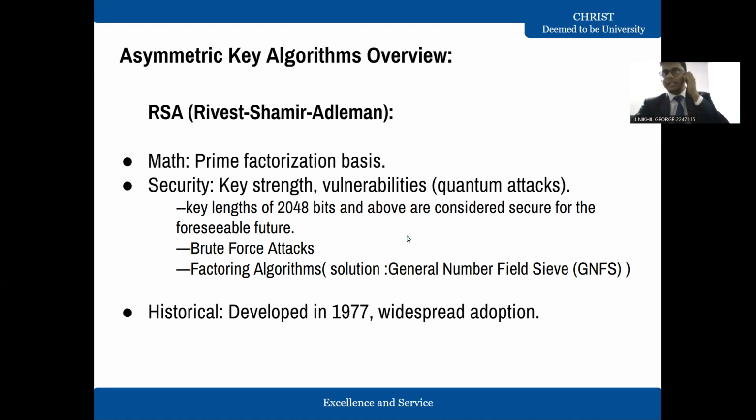These have vulnerabilities. The future predicted one is a quantum attack. For a 2048-bit key, factoring algorithms like the GNFS and the SNFS are said to be a potent vulnerability to RSA.